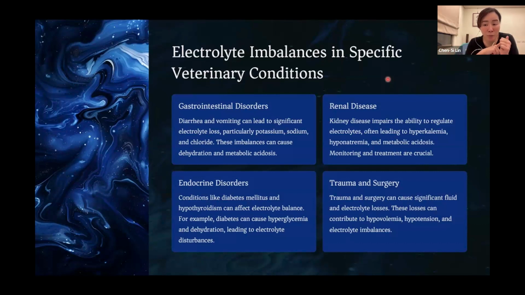Diarrhea and vomiting cause the loss of not only electrolytes but also water. So the first thing we may see is dehydration in these animals.